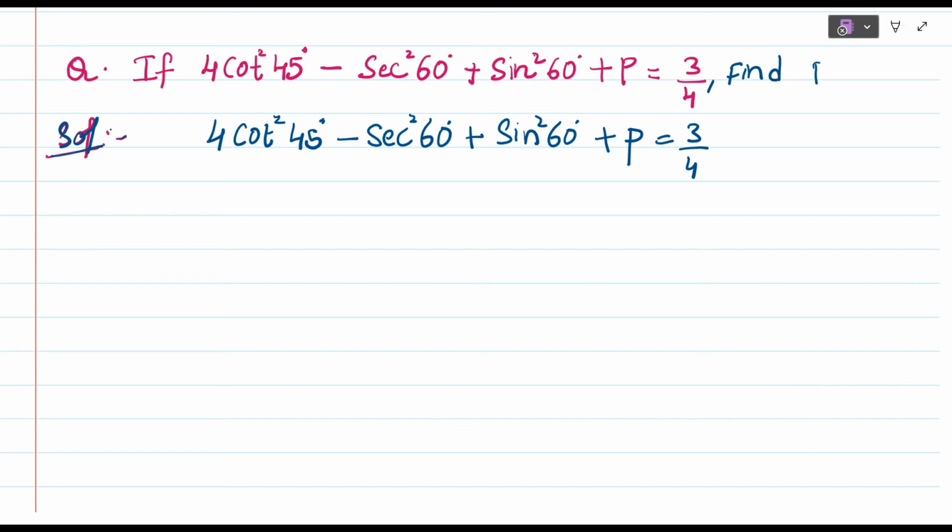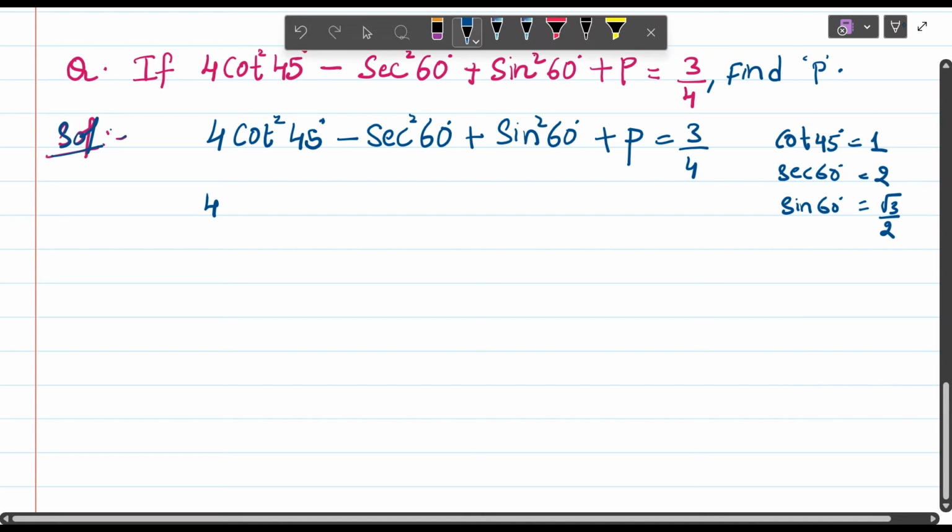Okay, find the value of p. Okay. So now we know the values. So cot 45 degrees, how much, students? 1. And secant 60 degrees, how much? 2. And sine 60 degrees, how much, students? Root 3 by 2.